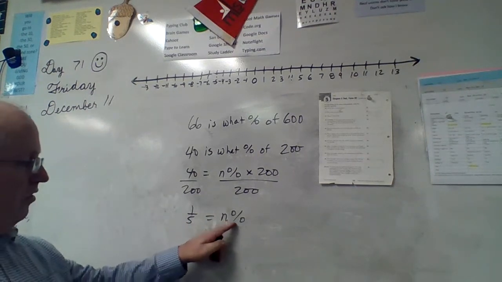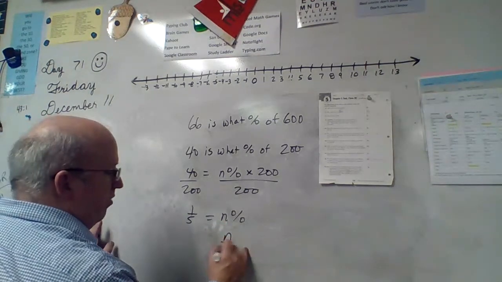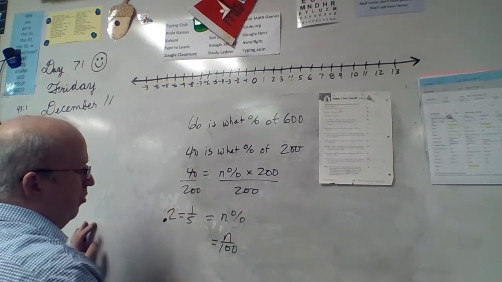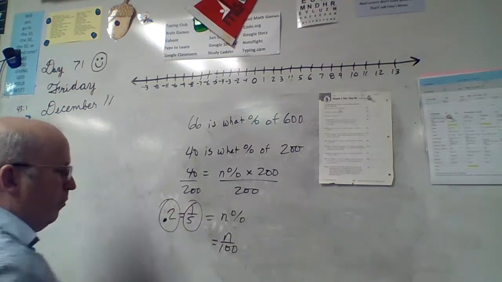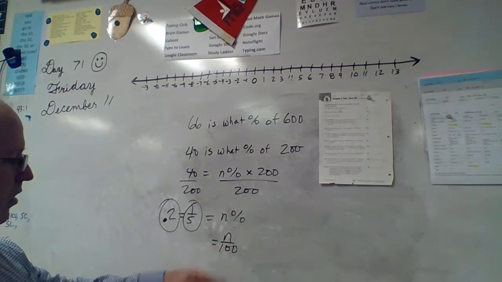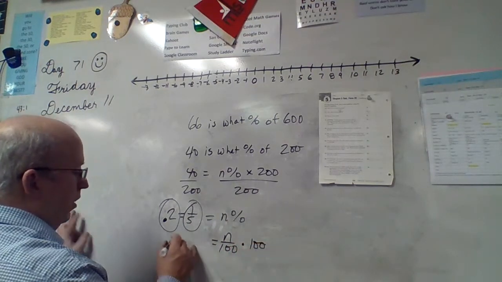Now, remember, this is n percent. So it really means n over 100. And this could also be written as 0.2. 1/5 is the same as 0.2. So how am I going to get n by itself? I've got to do the opposite of dividing by 100. I'm going to have to multiply both sides by 100.